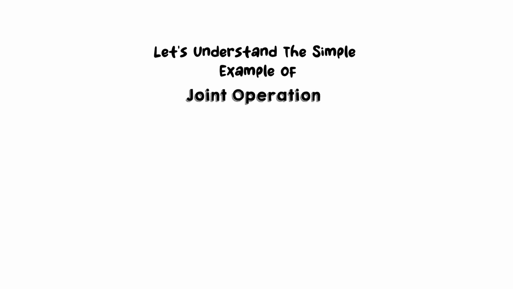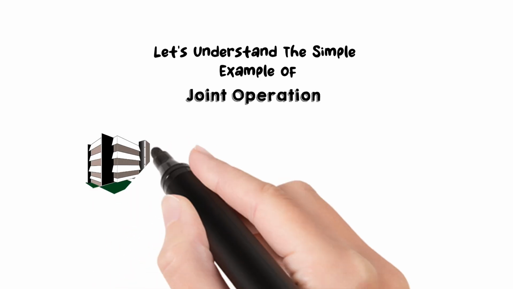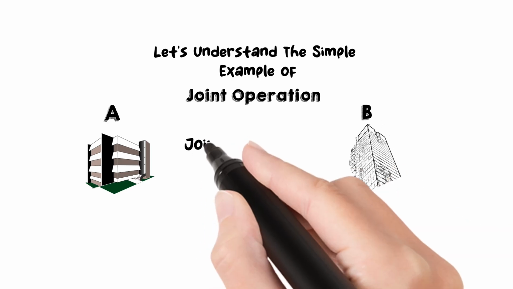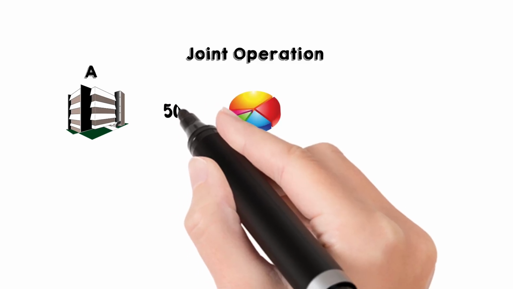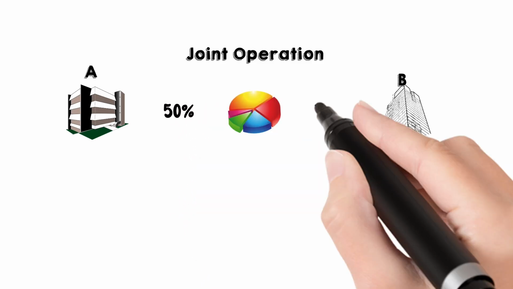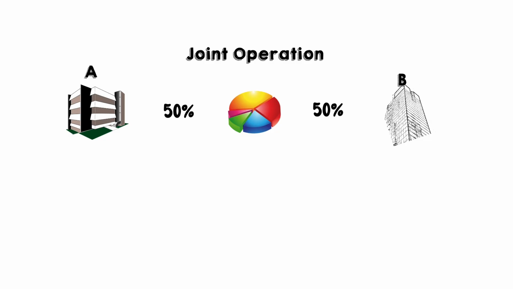Let's understand a simple example of joint operation. Company A and Company B jointly operate a factory. Company A owns 50%. Company B owns 50%.